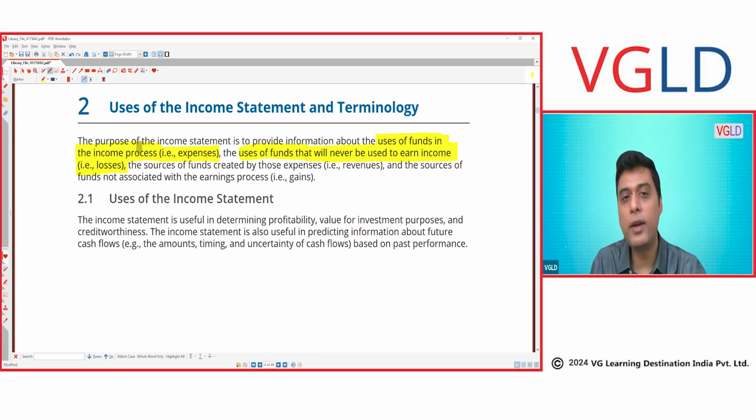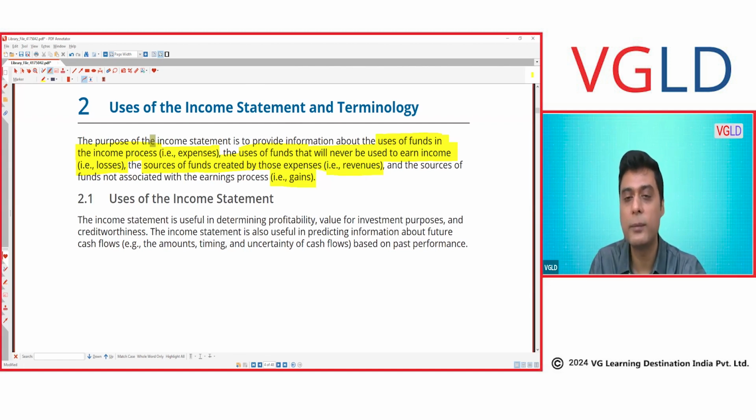So US GAAP treats expenses and losses separately, right? Expenses are separate from losses, and similarly revenues are separate from gains. Sources of funds created by those expenses are revenues, the expenses that you incurred in generating revenue, right? So there is a linkage between revenue and expense.